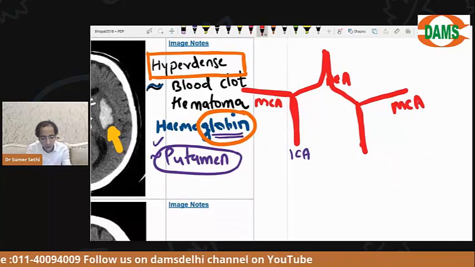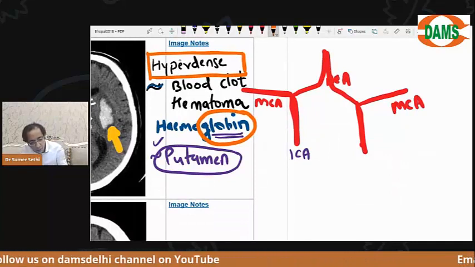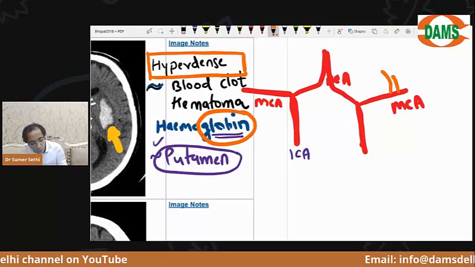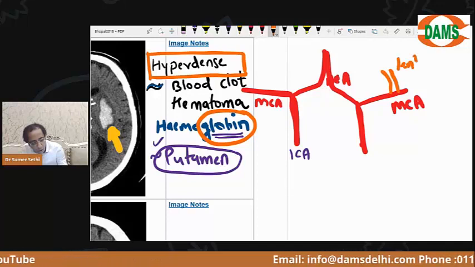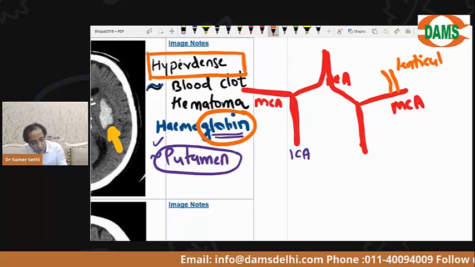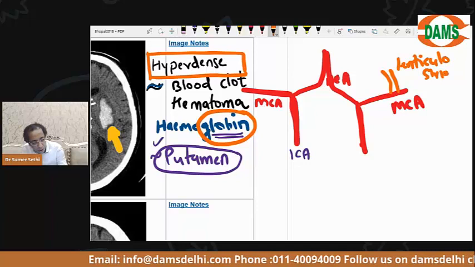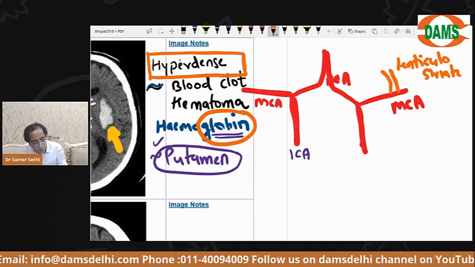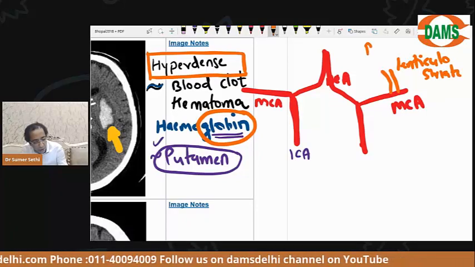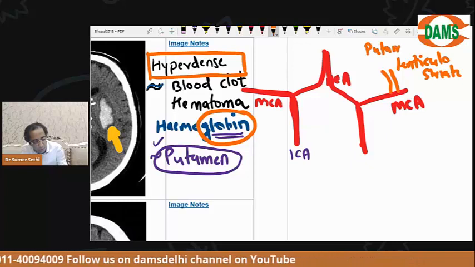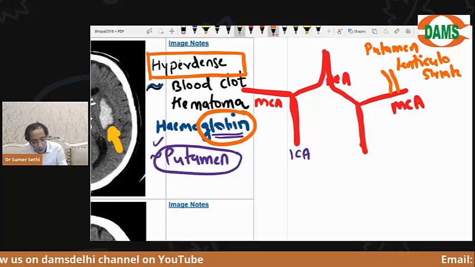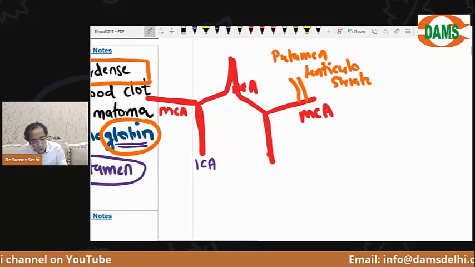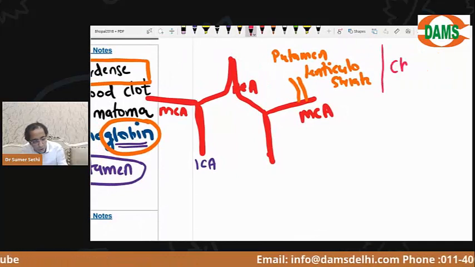From the middle cerebral artery, there are some superior lenticulostriate branches which are going to supply the basal ganglia, which is going to supply the area of putamen. This is also popularly called as the Charcot's artery.